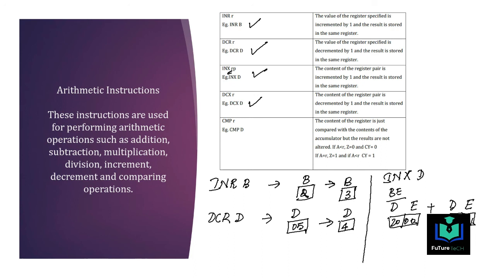This is a similar case for DCX D, which decrements the value of the DE pair.